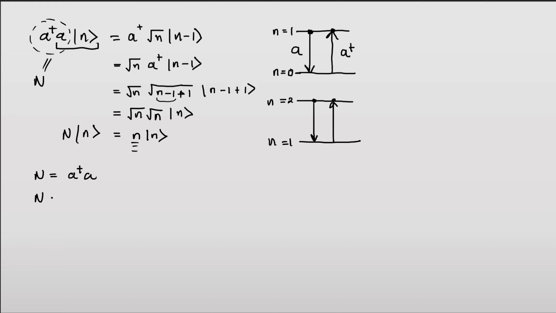The number operator minus 1, we will find is equal to this combination of operators. Okay. And so we can sort of prove this in many different ways. We can prove it using commutators, for example. We can prove it using the commutator.